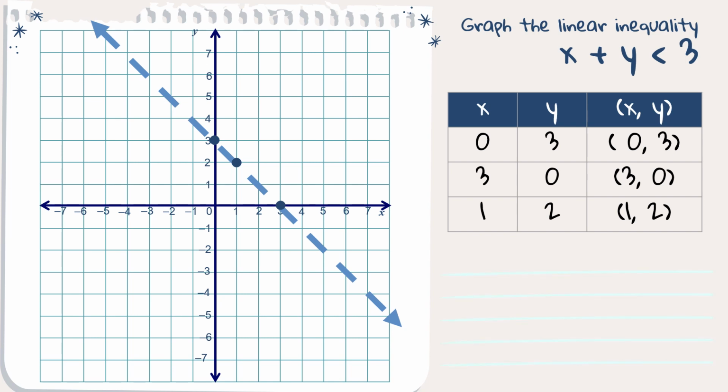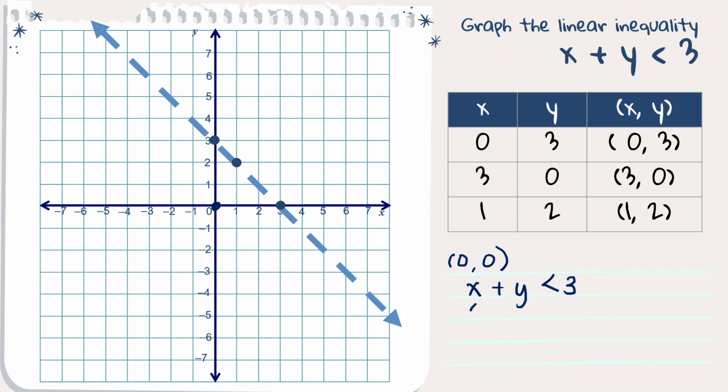But for us to check, we are going to test. Usually we use 0, 0, or the origin. We are going to test 0, 0 to see if this is true. If this is true, we are going to shade the part containing 0, 0. So we have x plus y is less than 3.